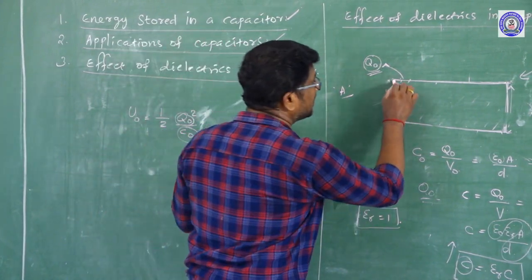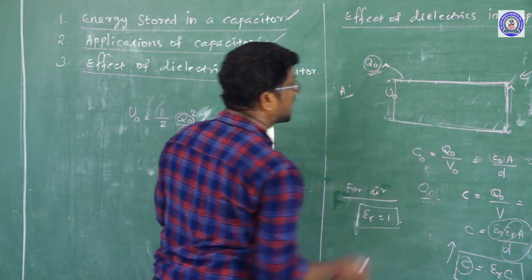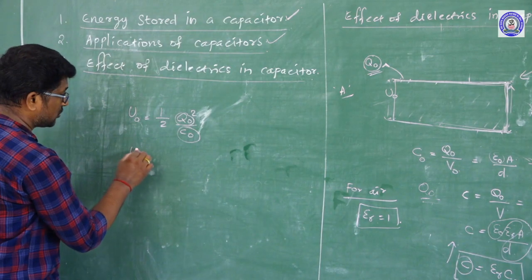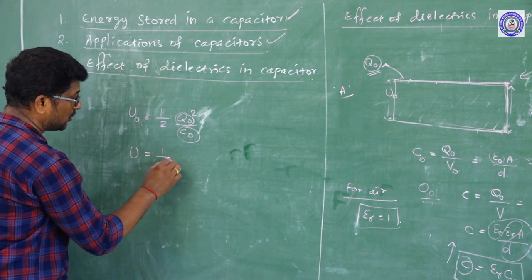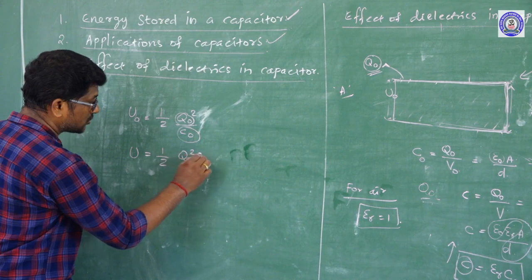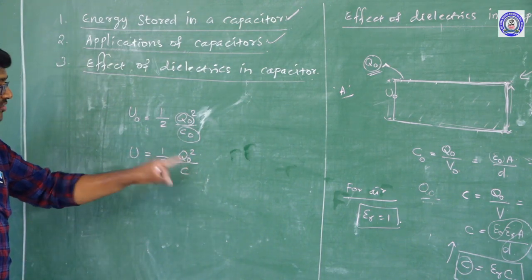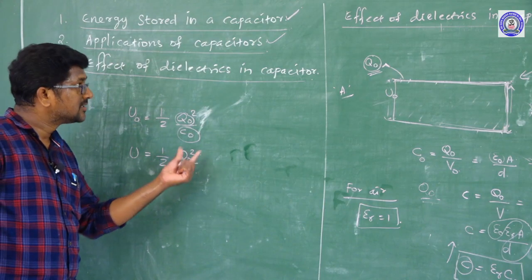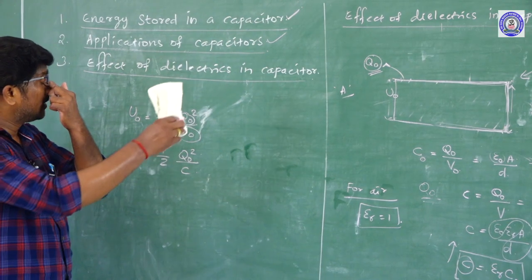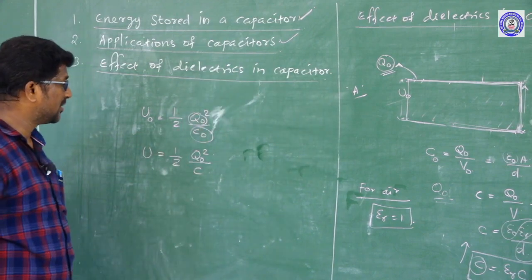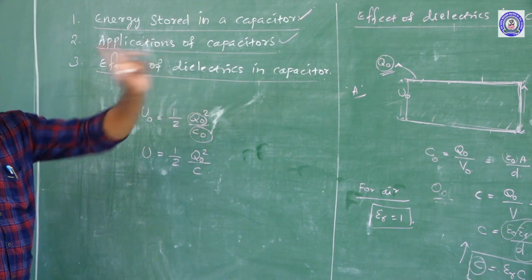Now, the dielectric material is introduced between the plates of the capacitor. The electrostatic energy becomes U is equal to half Q naught square divided by C, because charge does not change if the dielectric material is introduced between the plates, but the capacitance value changes.